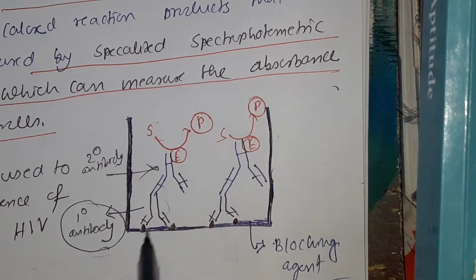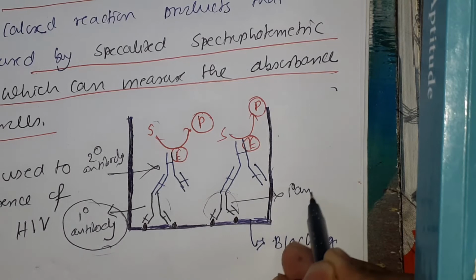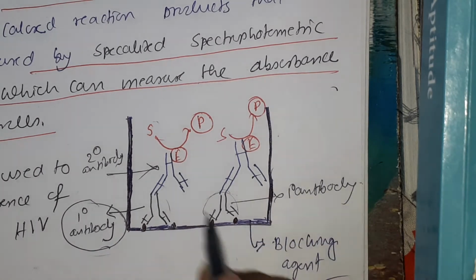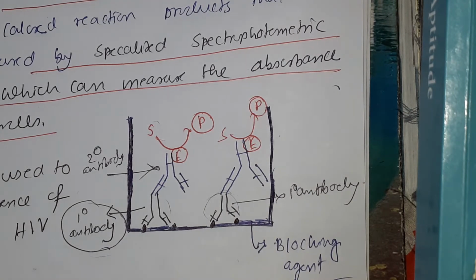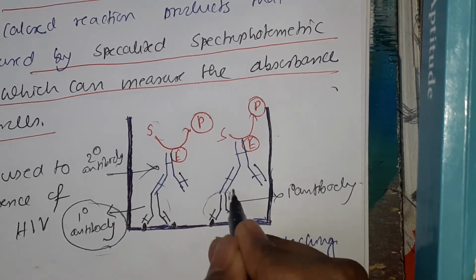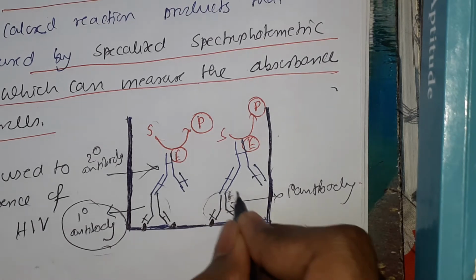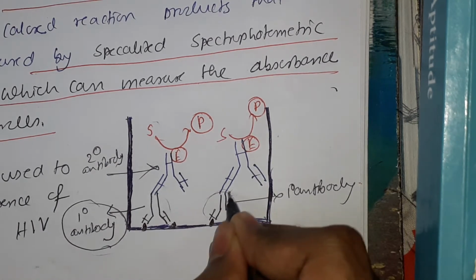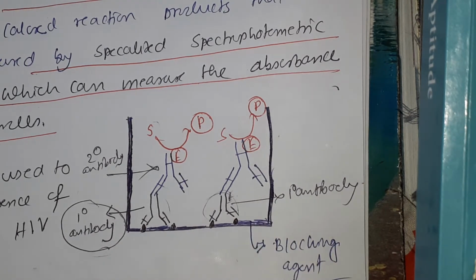Here the primary antibody serves as a connection between the enzyme-linked secondary antibody and the antigen of interest. That solves the problem we face in direct ELISA, because in direct ELISA the primary antibodies along with the enzyme have reduced affinity towards the antigen, as I told you in my previous video.